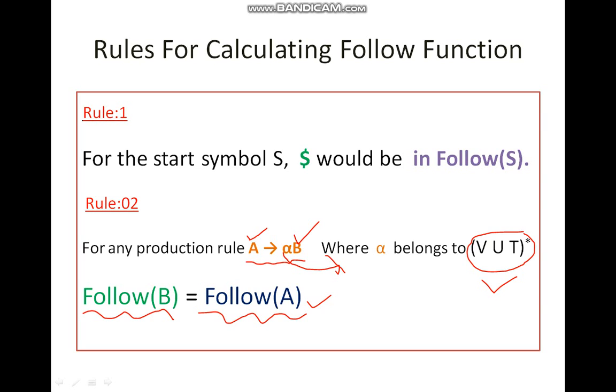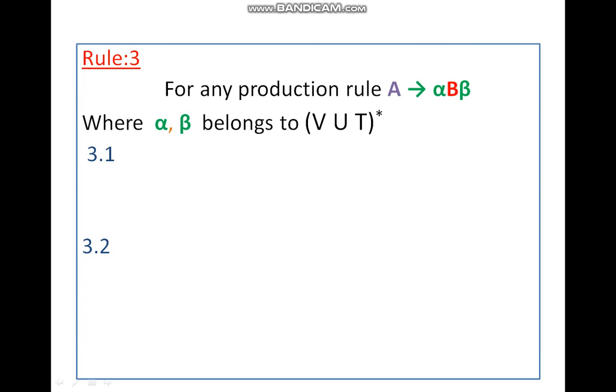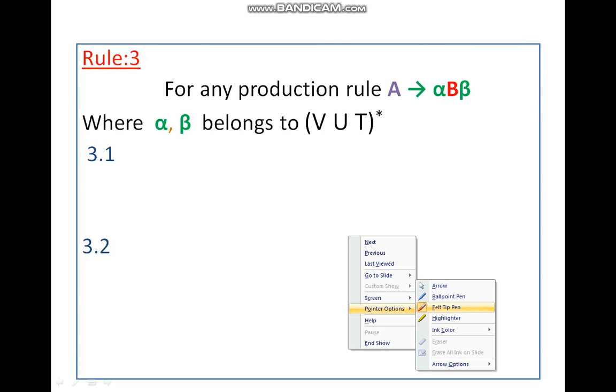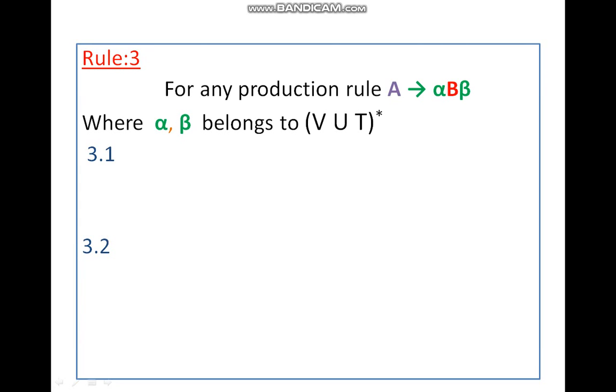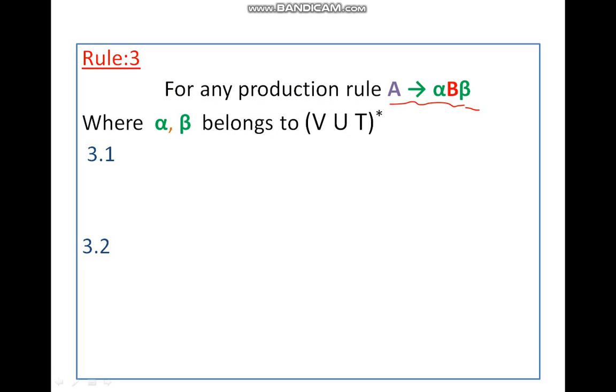Now see rule number 3. You need to identify all such production rules in your given grammar, where A is a variable, B is a variable, and alpha and beta could be anything. They could be epsilon, the null string, or a combination of variables and terminals and their Kleene closure.